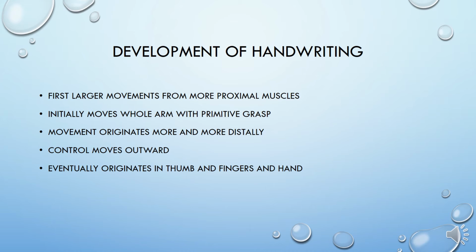Now keep your forearm and wrist and ulnar side of your hand stable and make the vertical lines just with your index finger, middle finger, and thumb. So that's the most mature. We move from using our shoulder and elbow to using our wrist to using our fingertips. And that's what we want to look at in our kiddos when we're analyzing handwriting. We want to look at where the movement is coming from, and that will tell us how mature that writing is.